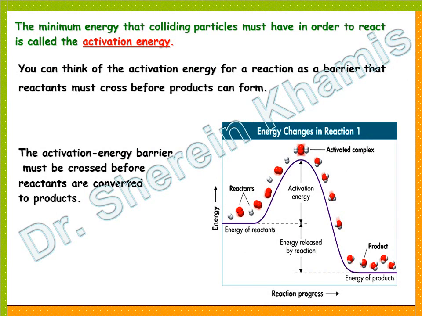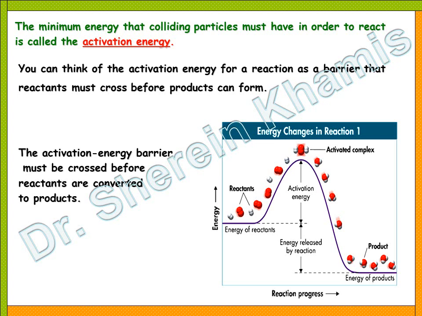The minimum energy that colliding particles must have in order to react is called activation energy. We have here the reactant and the activation energy to make the reaction. We have the reactant here and the product here, and between them we have the activation barrier, which must be crossed before reactants are converted to product.